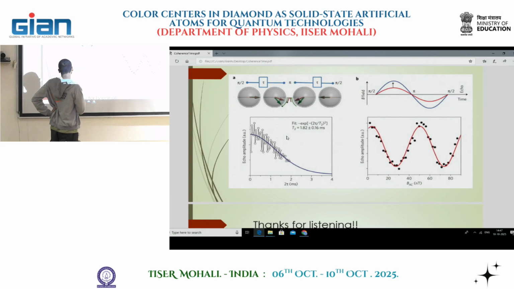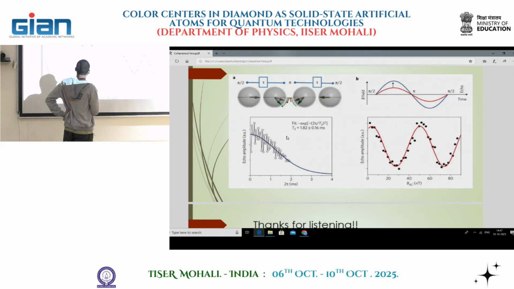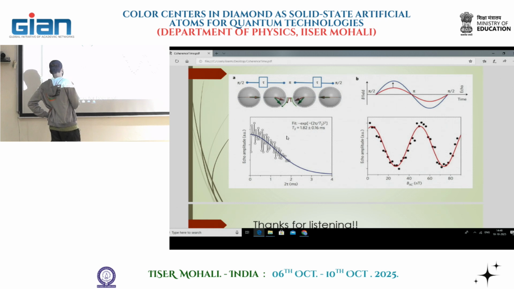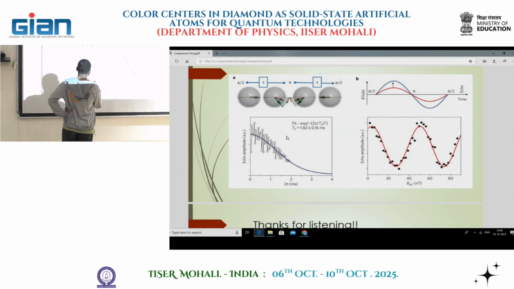They first initialize the system, then give a pi pulse and let the system evolve for some time tau, and then they give a pi pulse, and let it evolve again for time tau. They see the trend of the amplitude with the evolution time tau, and they fit it with an exponential decay function, where you can get this T2, which is the coherence time.